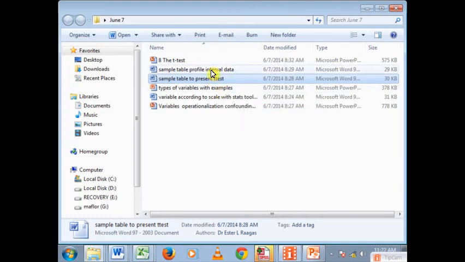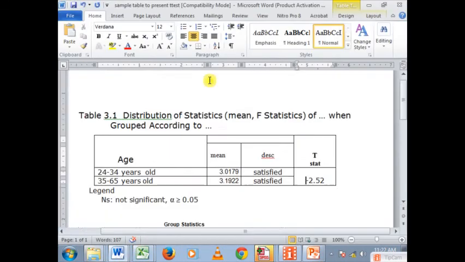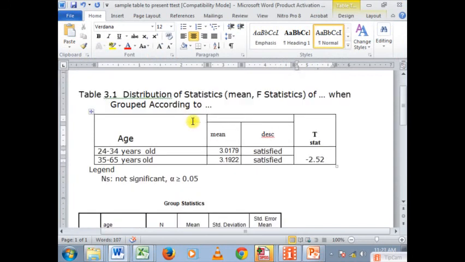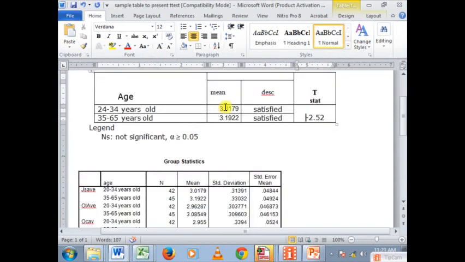Oh, I do not have it, but we can still use this. What you will do is like this. You'll have, for example, okay. You can still just add one more.